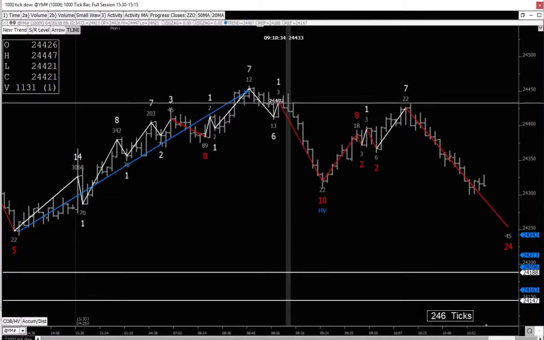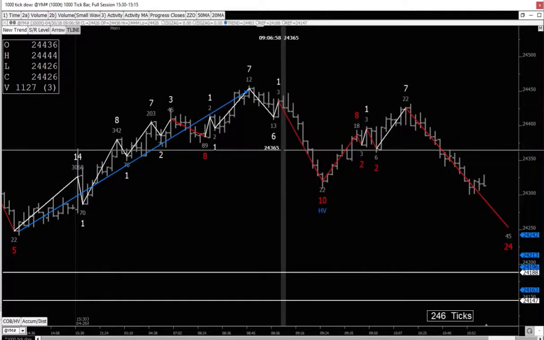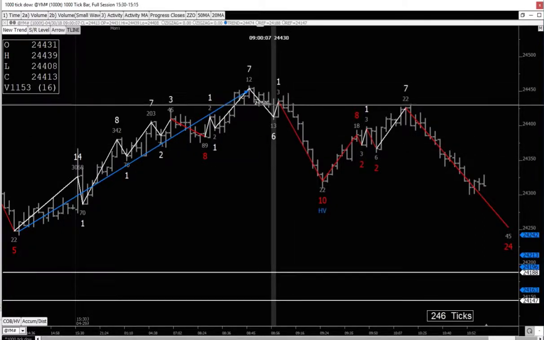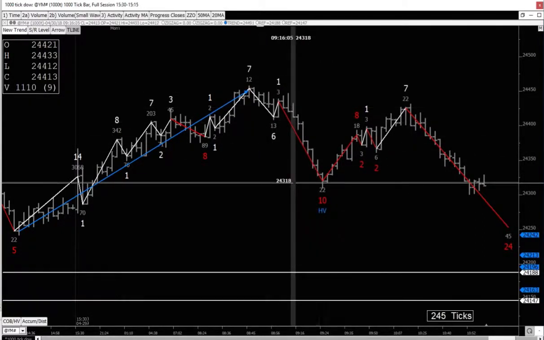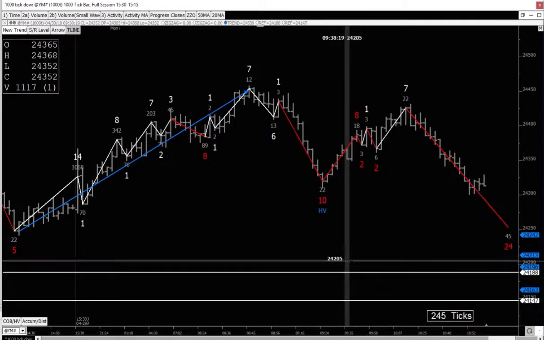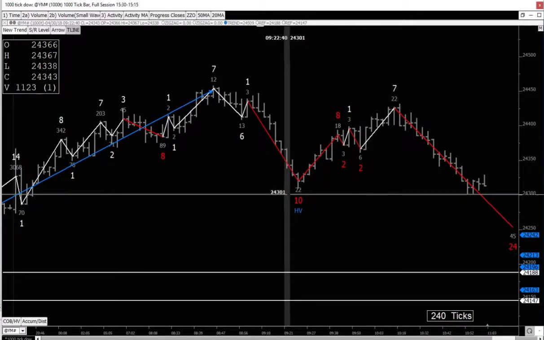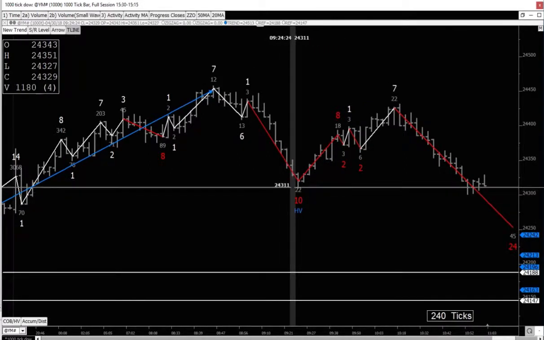These guys traded 10,000 contracts on this wave down, meaning they sold 10,000 contracts in 22 minutes. That is very significant.